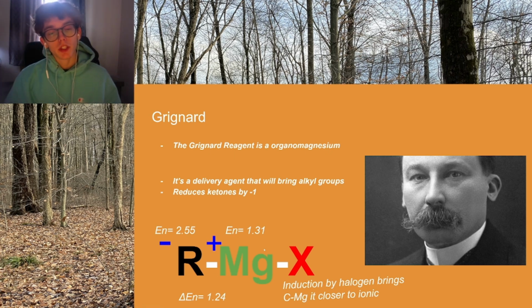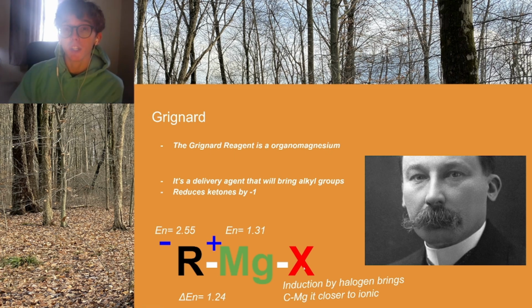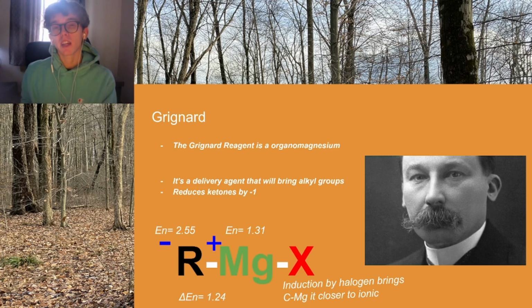But what's different here is that we have a halogen on the outside. That halogen is going to induct positive charge from that magnesium, making it less electronegative, you could say. That's going to bring this carbon-magnesium bond basically to ionic. It is just under 1.7, probably around 1.5 to 1.6.